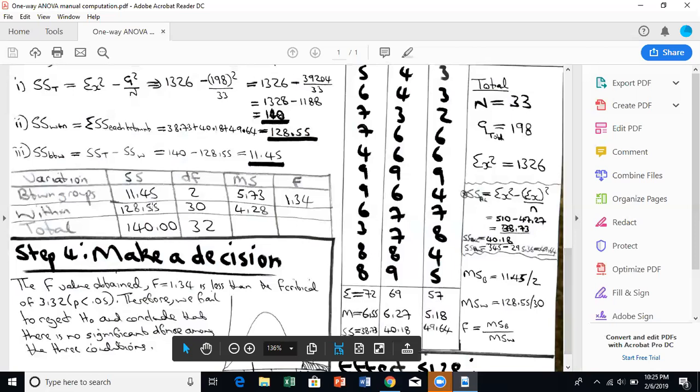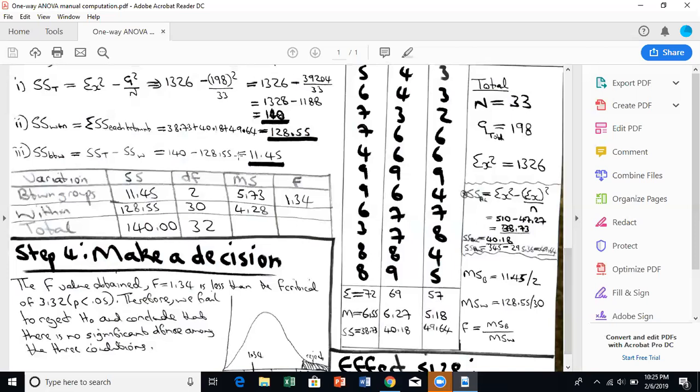And then the between one is easy to get because we can just subtract these two. So you get the between, like what I showed you here, that's 11.45. And then we did the degrees of freedom earlier. So this is 2 for between, 30 for within, and 32 for total.